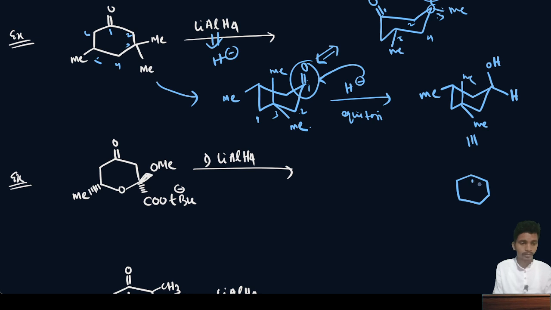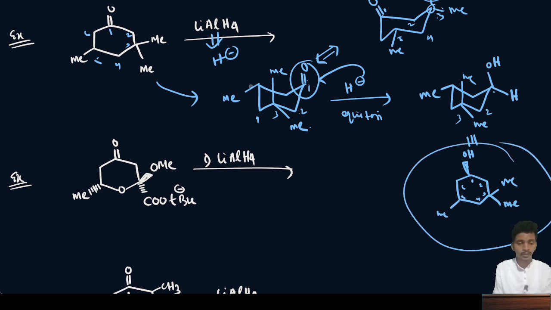At 1, 2, 3, 4, 5 and 6, at position 1 we have the OH on the above side. H will not be mentioned because H is everywhere, so it's better not to mention the H. At 3 we have the methyls, because the stereochemistry is not mentioned, so make it the same, and at 5 we have the methyl. So this is the final answer for this question.